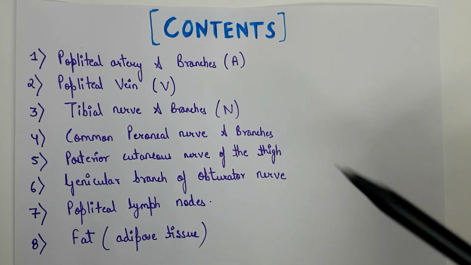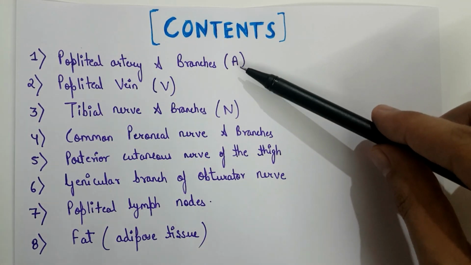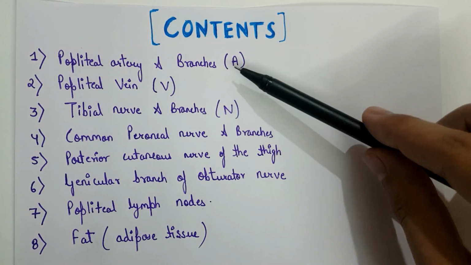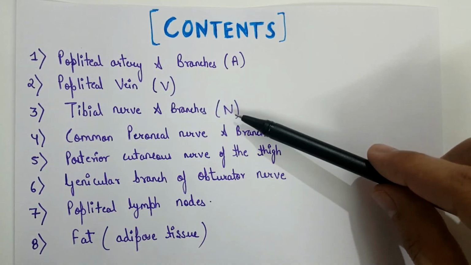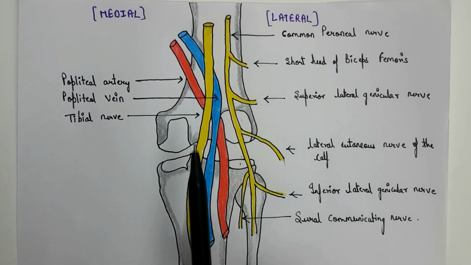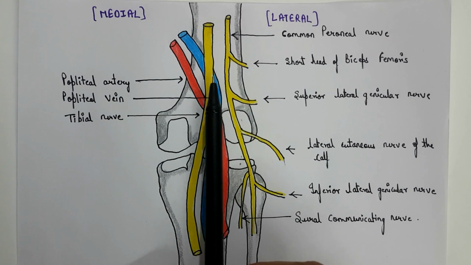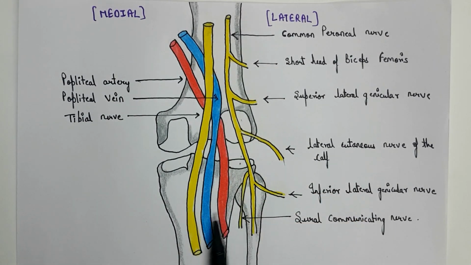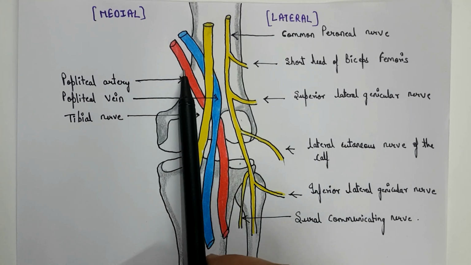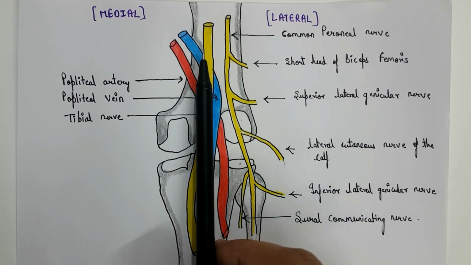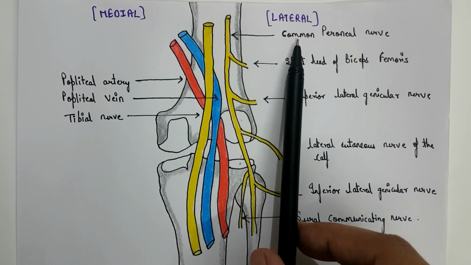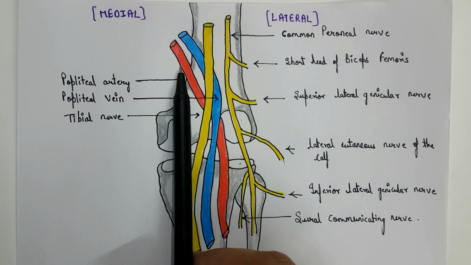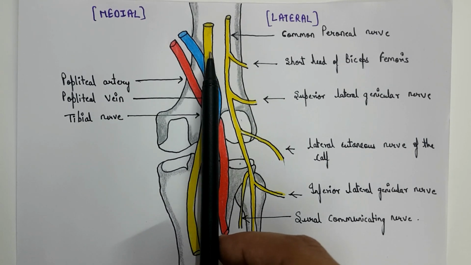Now let us talk about a concept about the relative position of the popliteal artery, the popliteal vein and the tibial nerve, represented by alphabets A, V and N respectively. In this diagram, I have divided the popliteal fossa into 3 parts, that is upper, middle and the lower part. The arrangement of the artery, vein and the nerve in the upper part from the medial to the lateral side is A, V, N, that is popliteal artery, then popliteal vein and finally the tibial nerve.